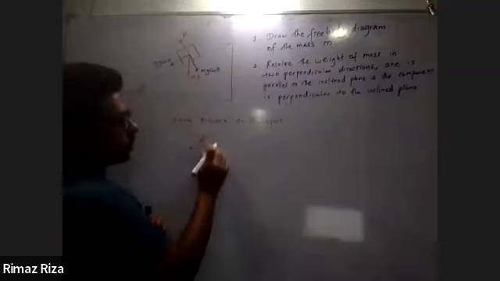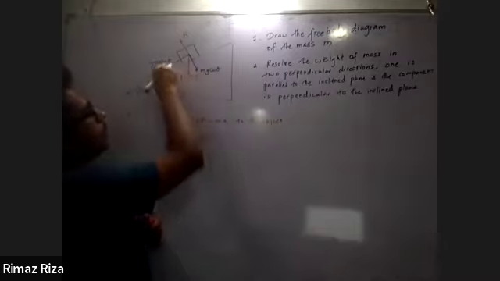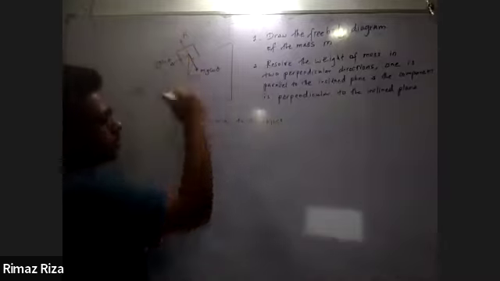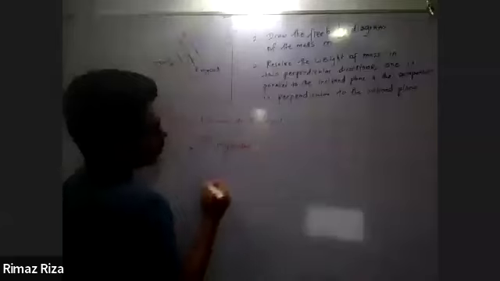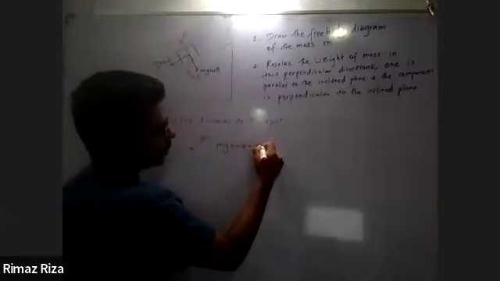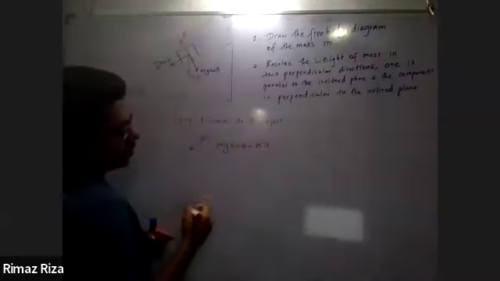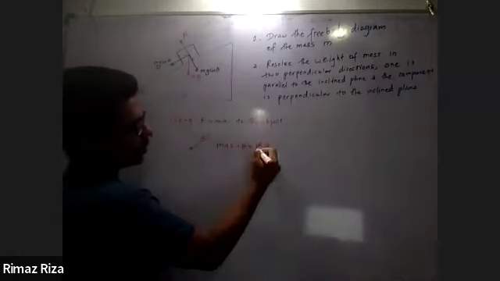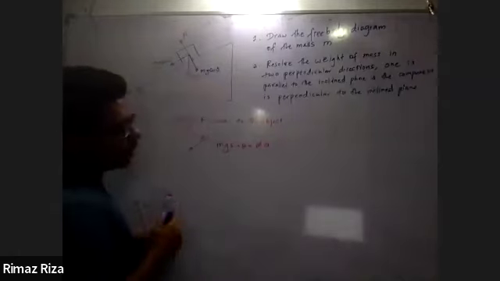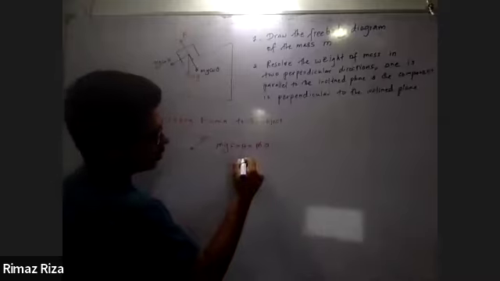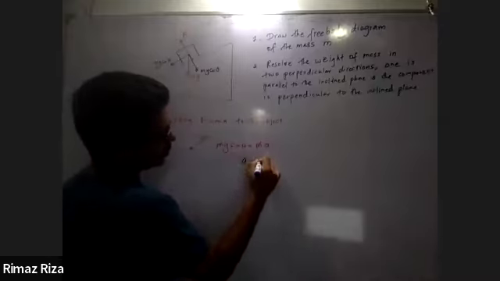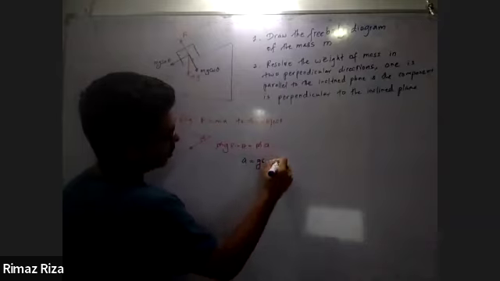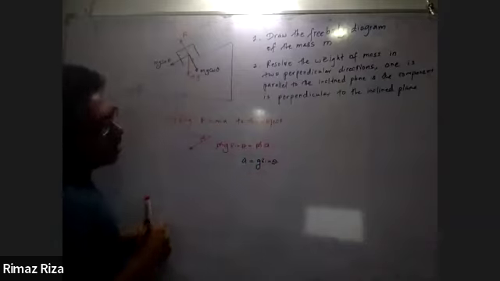Okay, so here in this direction, I can use F equals ma. The only force acting on this mass is mg sin theta. mg sin theta equals mass times acceleration. So the mass cancels out. The acceleration we get is a equals g sin theta.